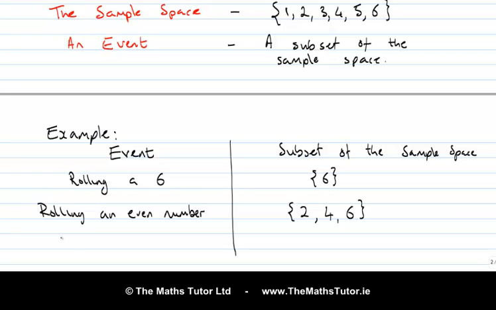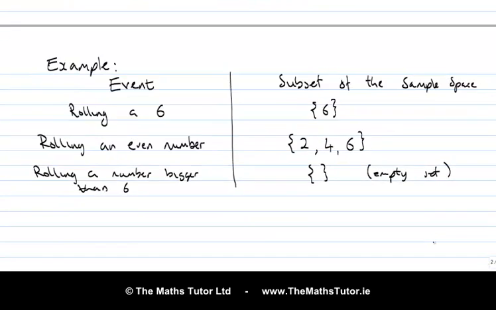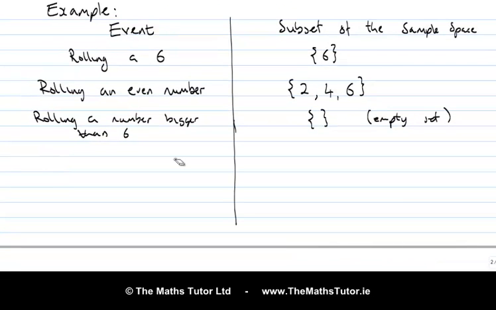What about the event rolling a number bigger than 6? That's a funny one, because there doesn't seem to be anything in the sample space that corresponds to that event. So in that case, the subset of the sample space is the set with nothing in it, the empty set. Let's do a couple more. What about rolling a number less than 7?